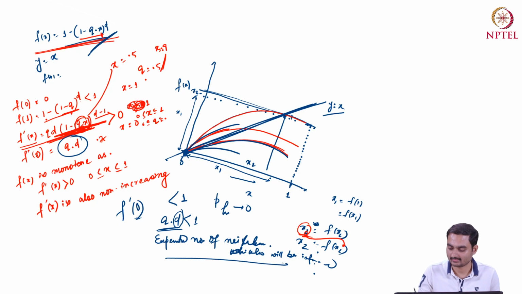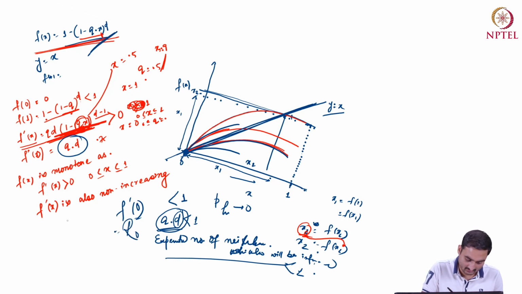If this number is less than 1, then the epidemic will die out. Now this number q times d, this is called R0, the reproductive number.